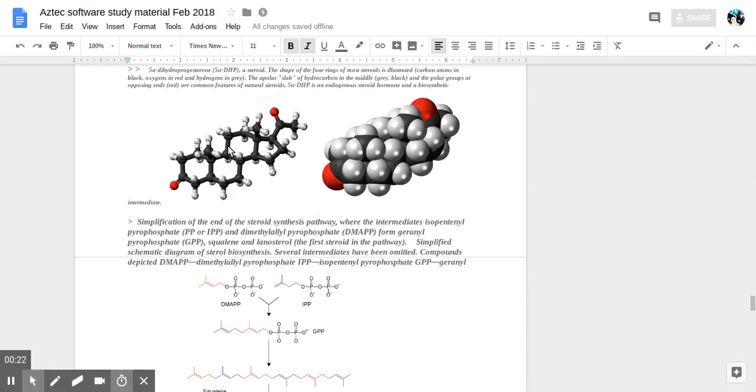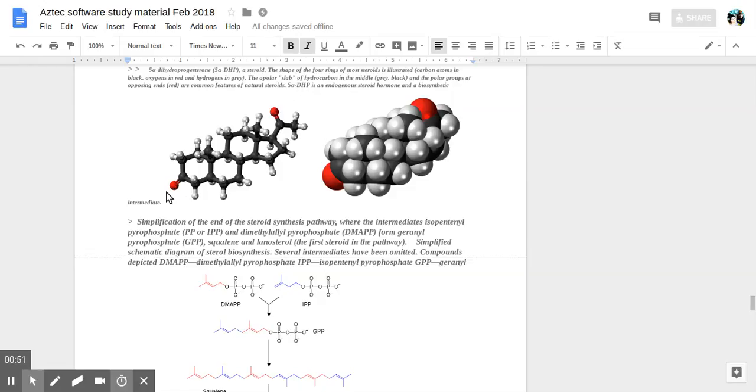So, here's a 3D showing this molecule, which is a steroid, and the primary shape of it consists of 17 carbons as the basic unit, which is three six-carbon rings plus one five-carbon ring, and the variation of the side chain.